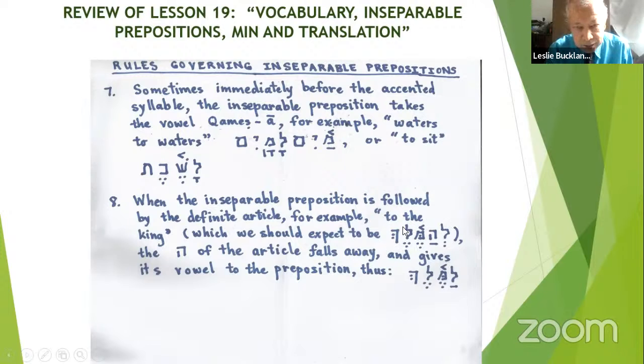That's what we would expect it to be. What happens is the he of the definite article falls away and gives its vowel to the preposition in this way. So we find that the he disappears. The simple shawah under the lameth also disappears, and the pathak, the short a, goes under the lameth. So this is to the king.